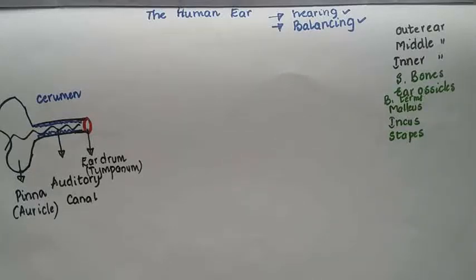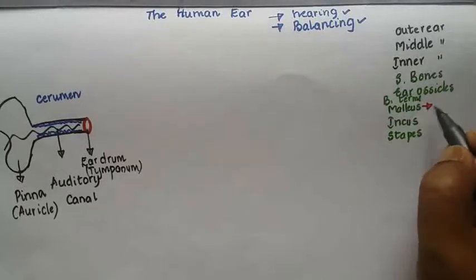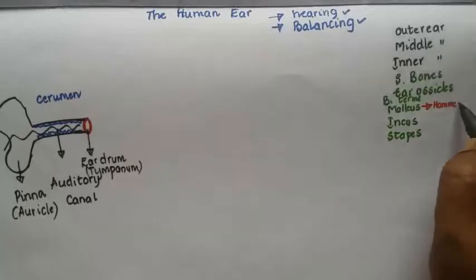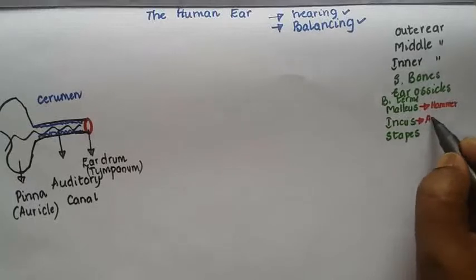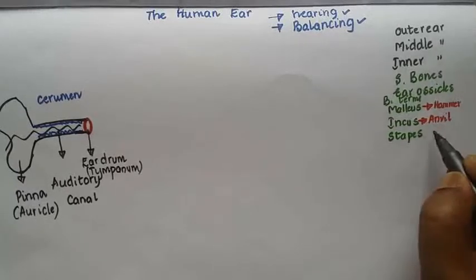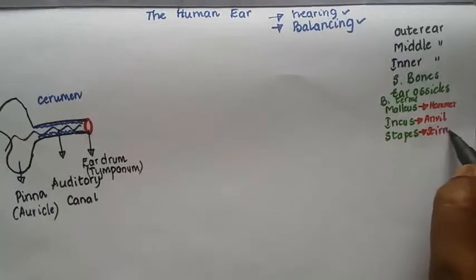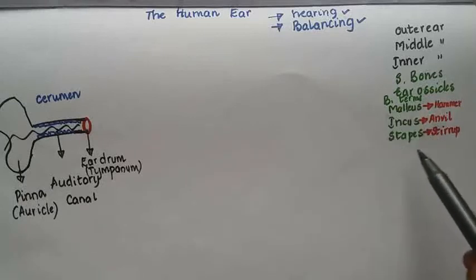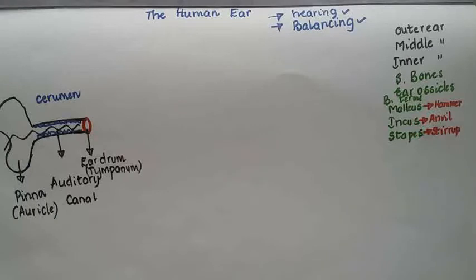And these ear ossicles also have common terms. So Malleus is also called hammer, the incus is called anvil, and the stapes is also known as stirrup. So thus you can say that what I have written using a green sketch represents the biological terms.